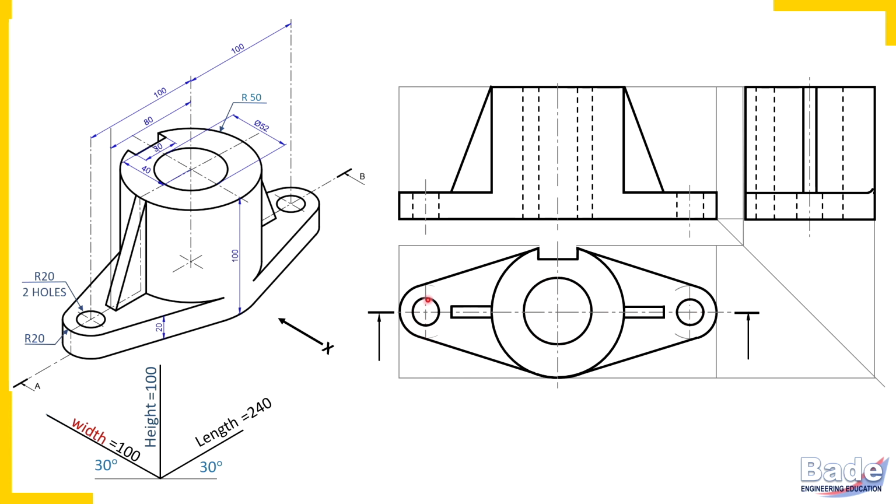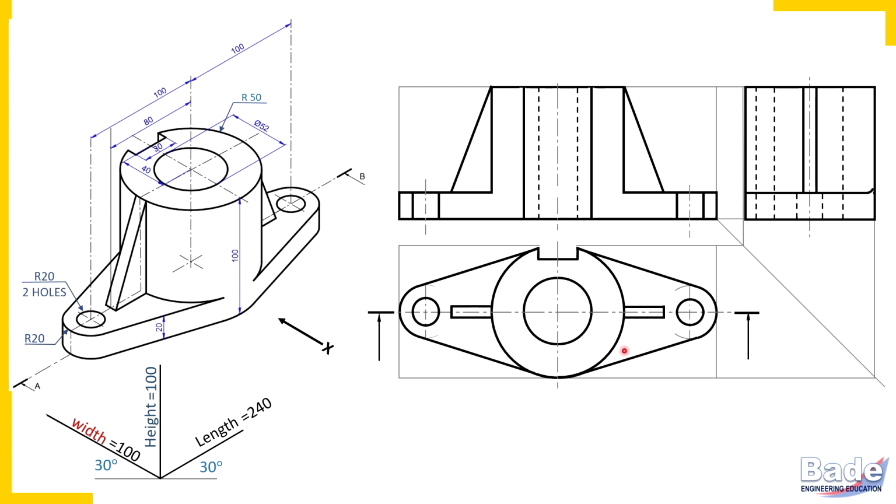So check here. Focus on these three holes. I have removed those dotted lines and now made this hole visible. Similarly, here I have removed these two dotted lines and this hole is now visible here. Now focus on this hole. That also I made visible.